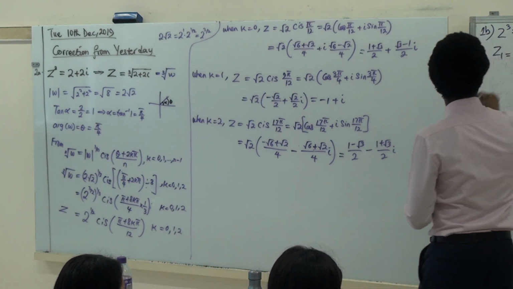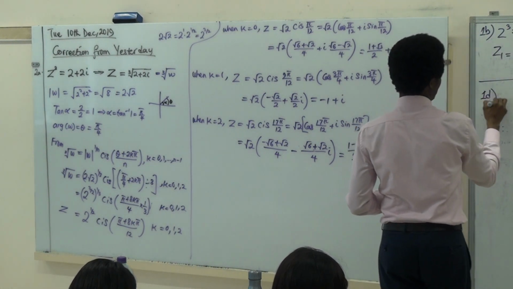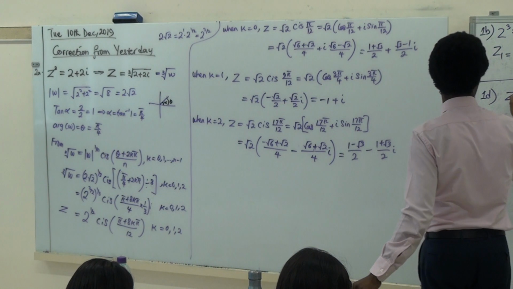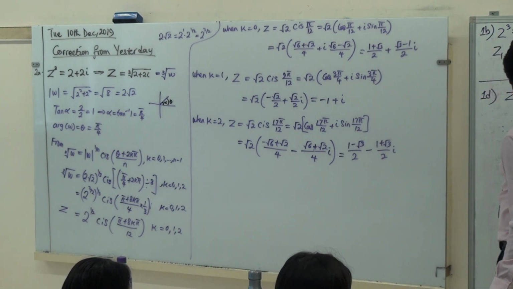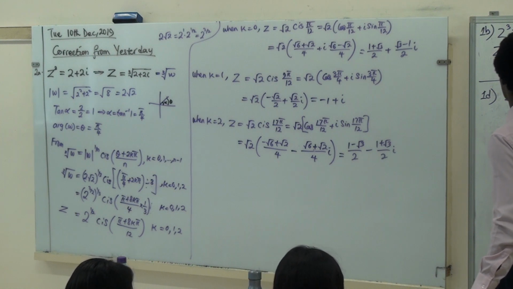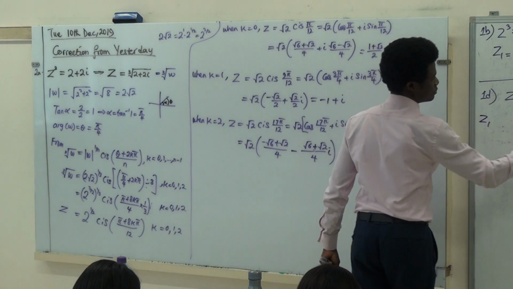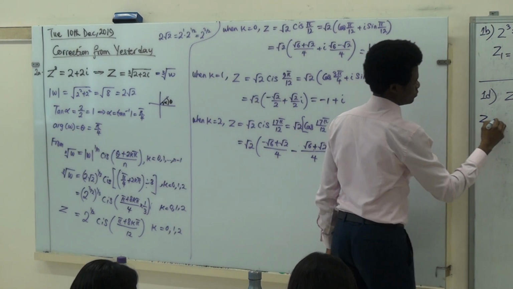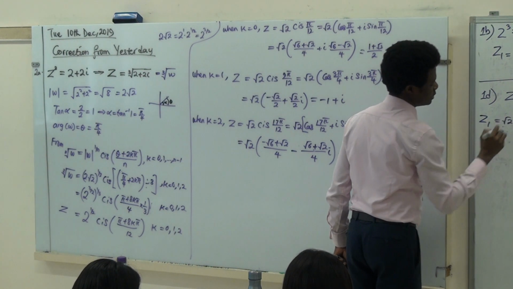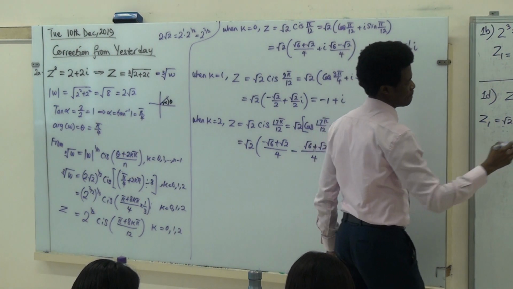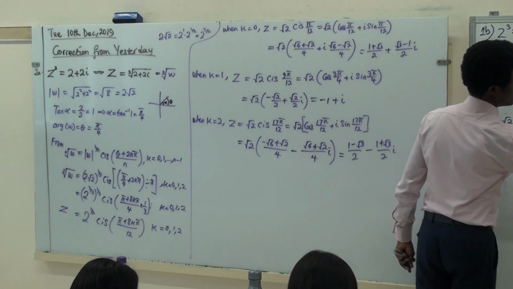Okay, so let's talk about 1D. What is the question for 1D? Z power 4 equals negative 16. That's it, there's no i. Great. So what is Z1? Root 2 plus root 2i. Yep. What is Z2? Negative root 2 plus root 2i.